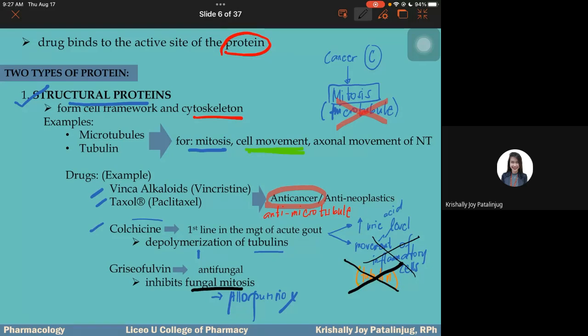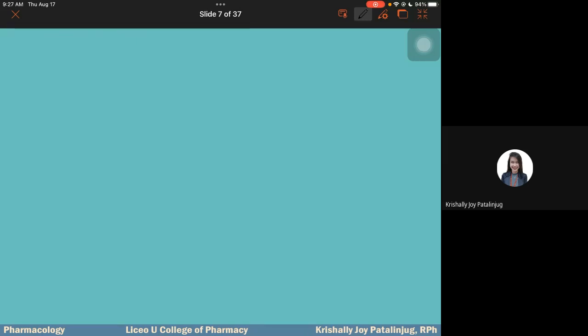But recall, when we talk about mitosis, there are structural proteins involved. Given this action of griseofulvin, we could tell it's an example of a drug that targets structural protein. Those are examples of drugs targeting structural protein.